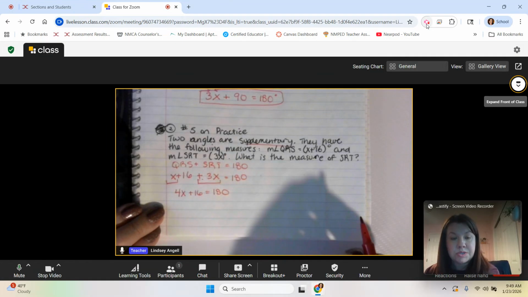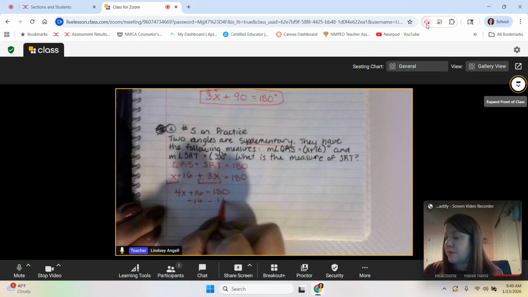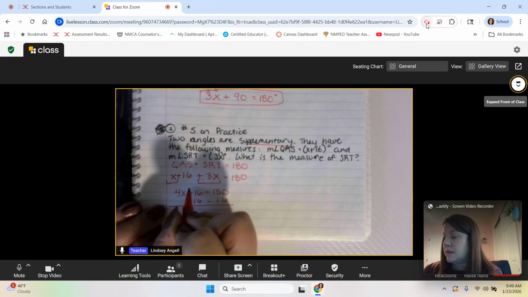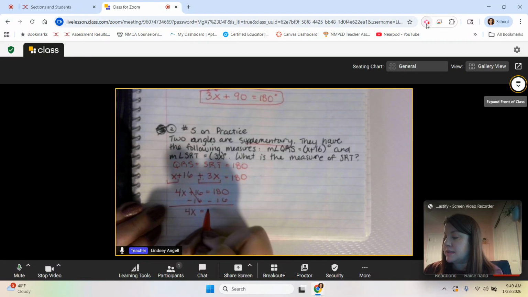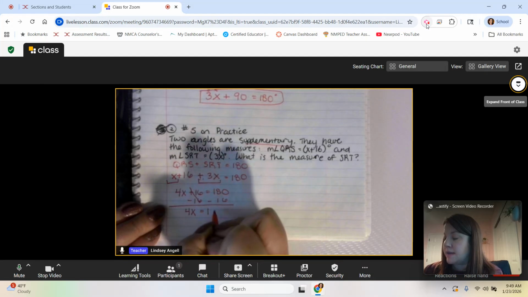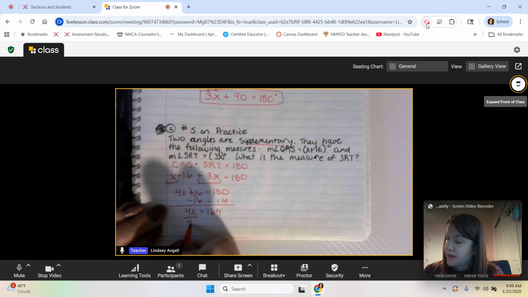Now I'm just down to a two-step equation. So I can go ahead and subtract 16 from both sides. They'll cancel on the left. We have 4x equals 164. And then we'll divide both sides by 4.